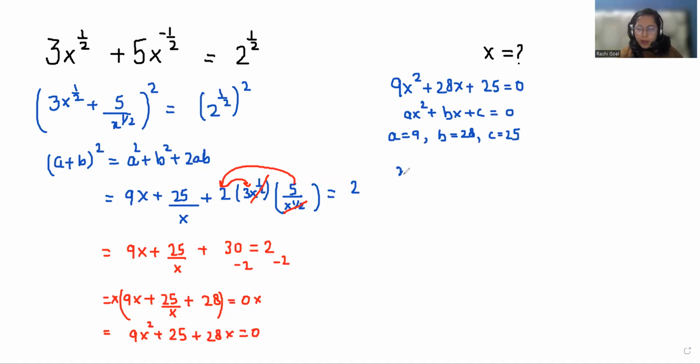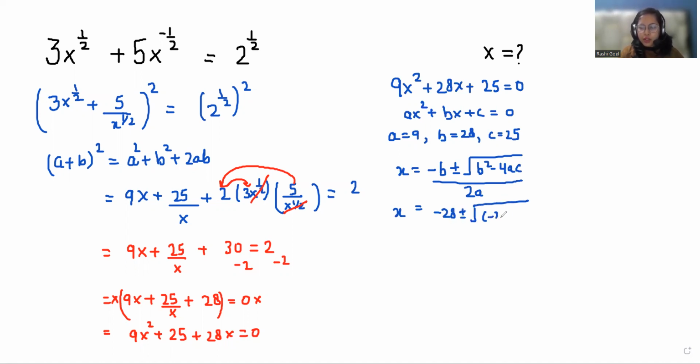So our quadratic formula is x is equal to minus b plus minus under root b square minus 4ac divided by 2a. So x is equal to minus 28 plus minus under root 28 square minus 4 times 9 times 25 divided by 2 times 9.